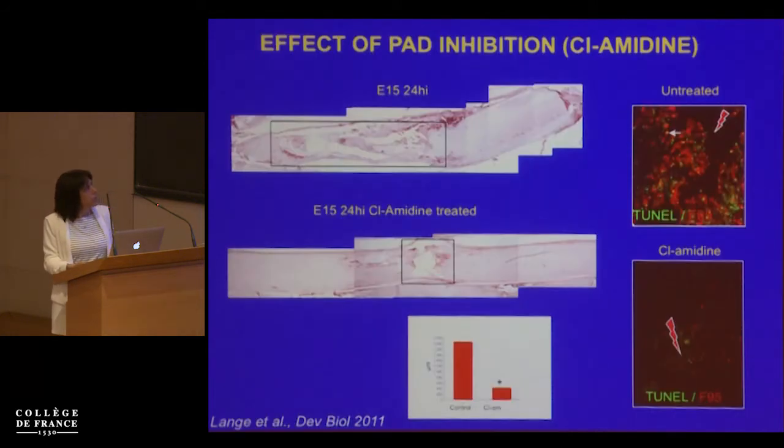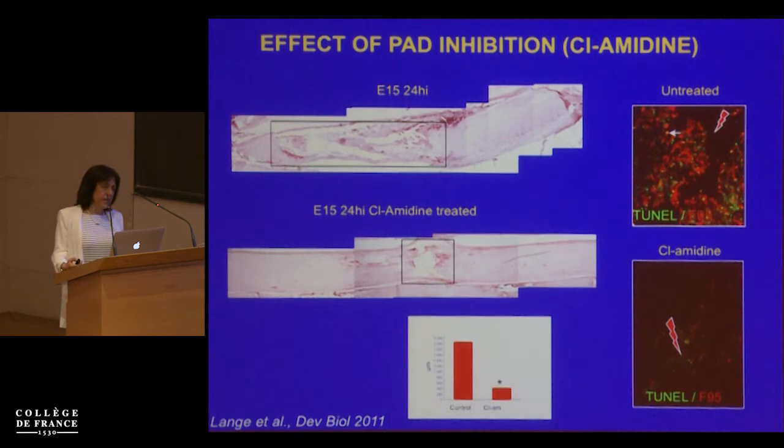And what happens, to cut a very long story short, in the spinal cord is that there is upregulation at stages that are not permissive for regeneration, and very small changes at stages that are permissive for regeneration. So it seemed to be a negative regulator. And we went on to show that it is involved in cell death, and when we use an inhibitor of this enzyme, we can significantly reduce cell death.